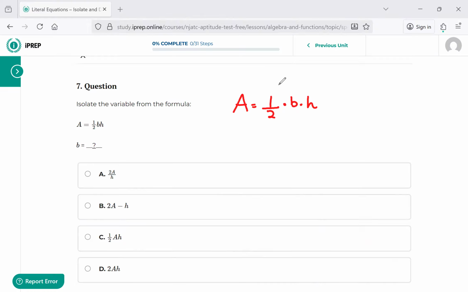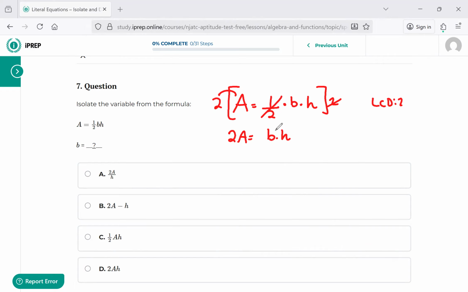So what would I do first to solve for small b? First, I would get rid of the fraction by multiplying both sides by the LCD, which is 2. So this side, 2 times a is 2a. This side, 1/2 times 2, the 2's cancel, so you're left with b times h.